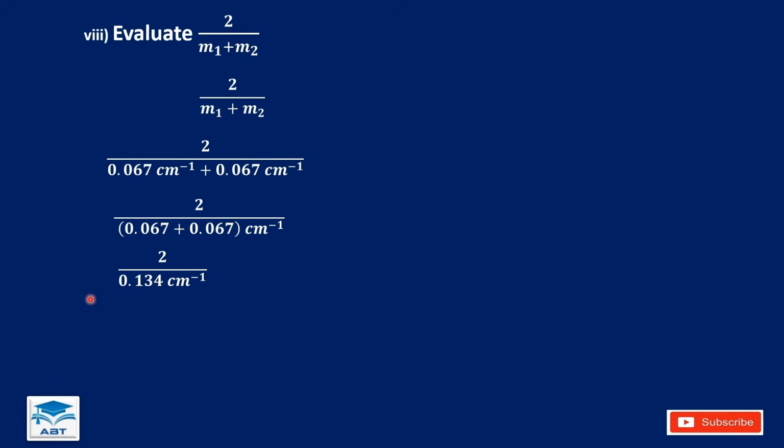And 2 divided by 0.134 is 14.9. The unit per centimeters is at the denominator, so when we find the reciprocal, we have centimeters. The answer should be approximately equal to the focal length of the converging lens used for the experiment.